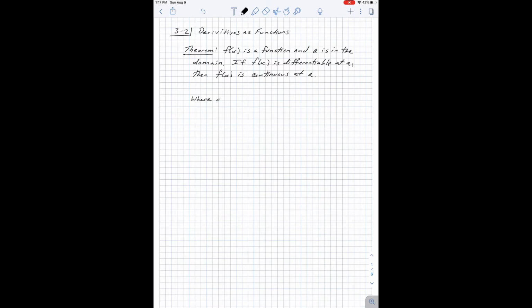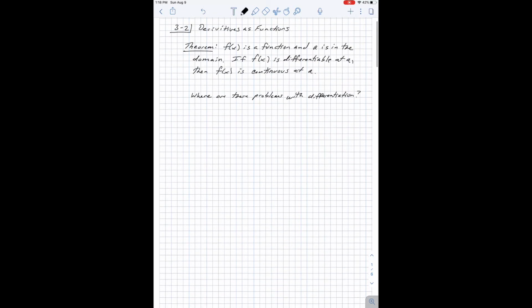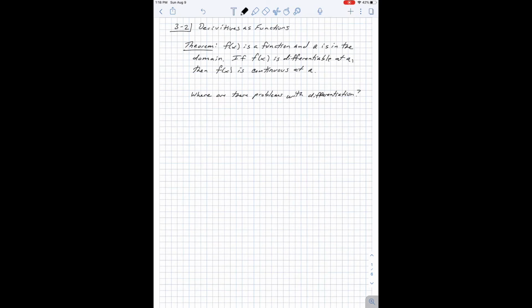So let's ask this question. Where are there problems with differentiation? Which means where are we not able to find the slope of the tangent line?